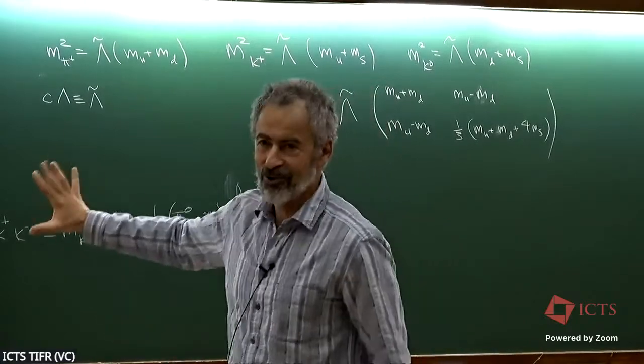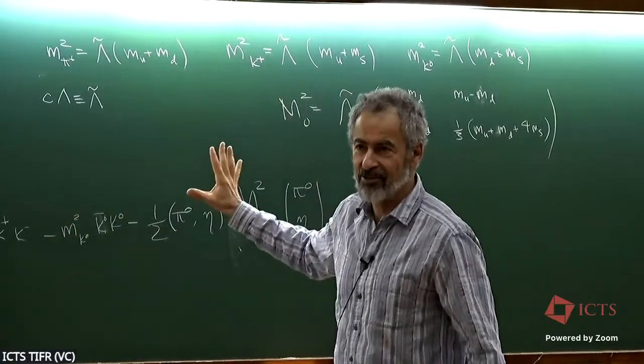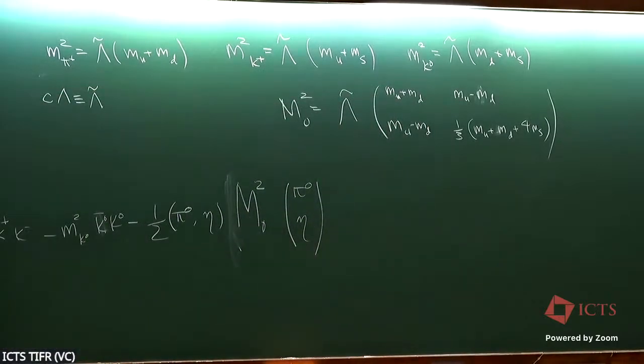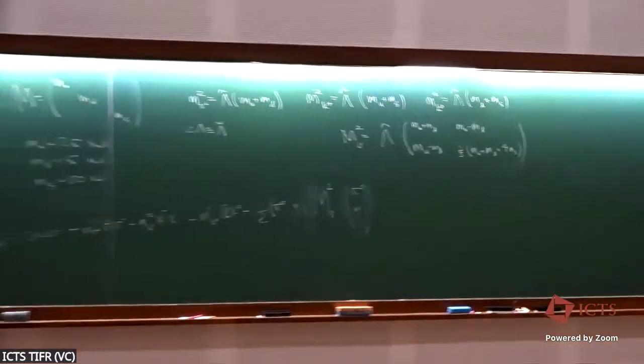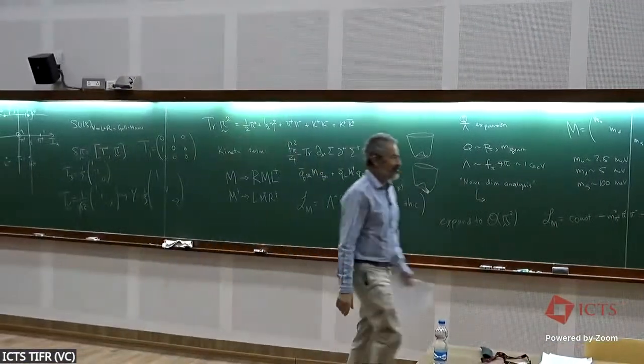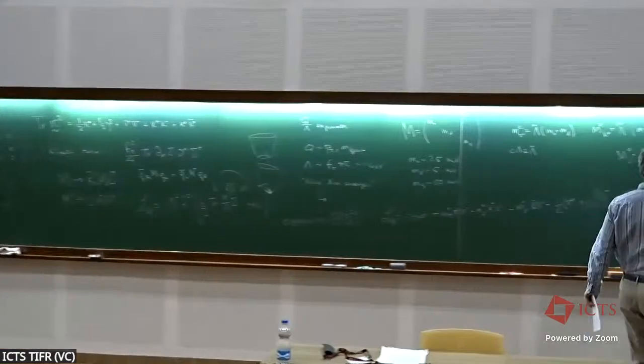We don't have electric charges here yet, so the quark mass difference is the only thing that breaks isospin. If you look at this diagram of the particles, the pi zero is part of an isotriplet, eta is an isosinglet. They can't mix unless you have isospin breaking. And that's why this mixing term is proportional to mu minus md.